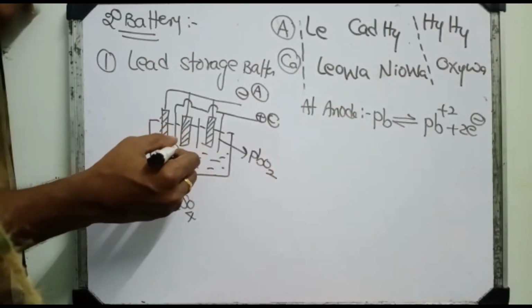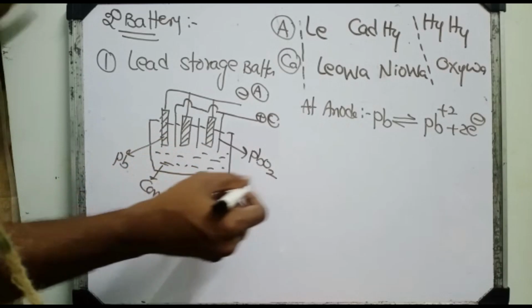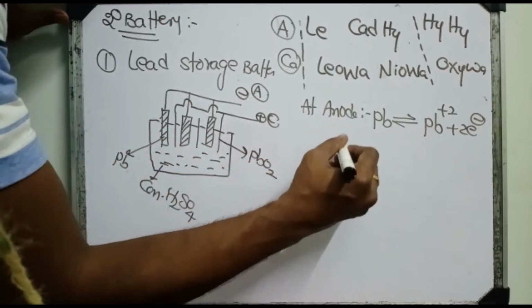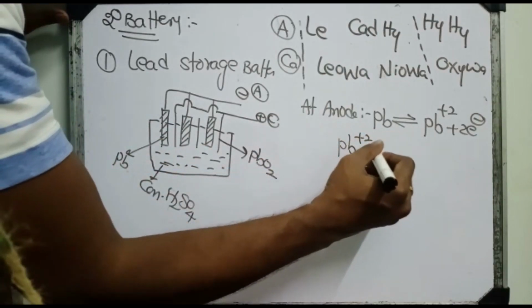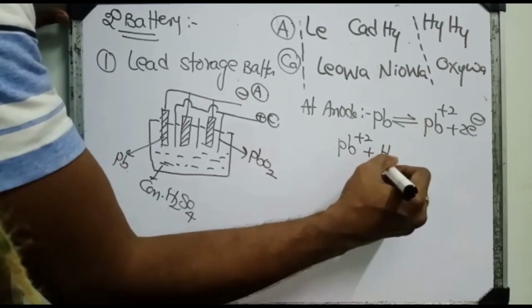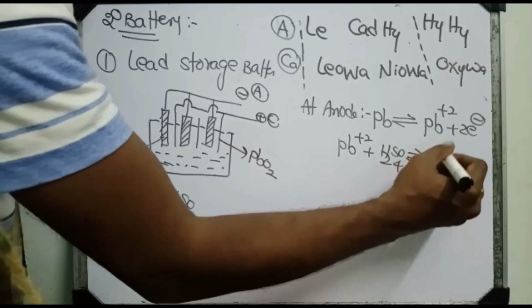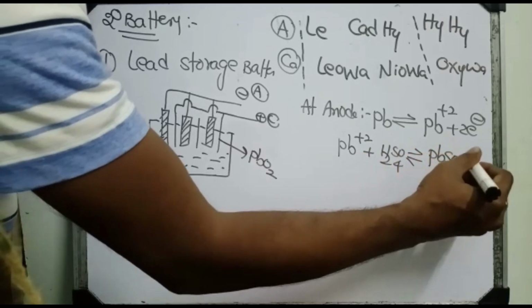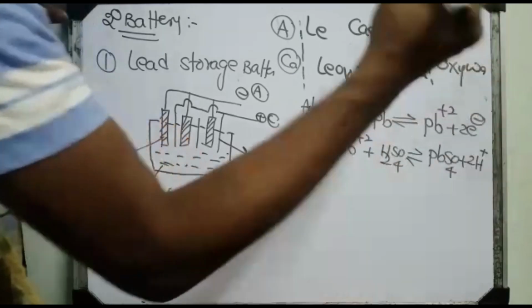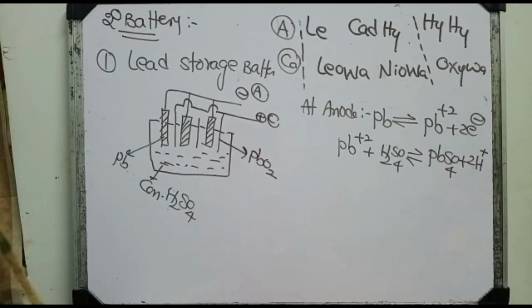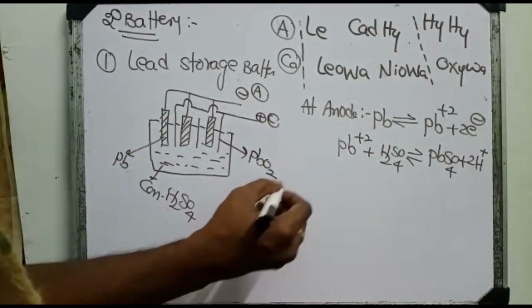Lead and lead oxide are immersed in concentrated H2SO4, so Pb2+ reacts with H2SO4 and you get PbSO4 plus 2H+. These two reactions happen at anode.